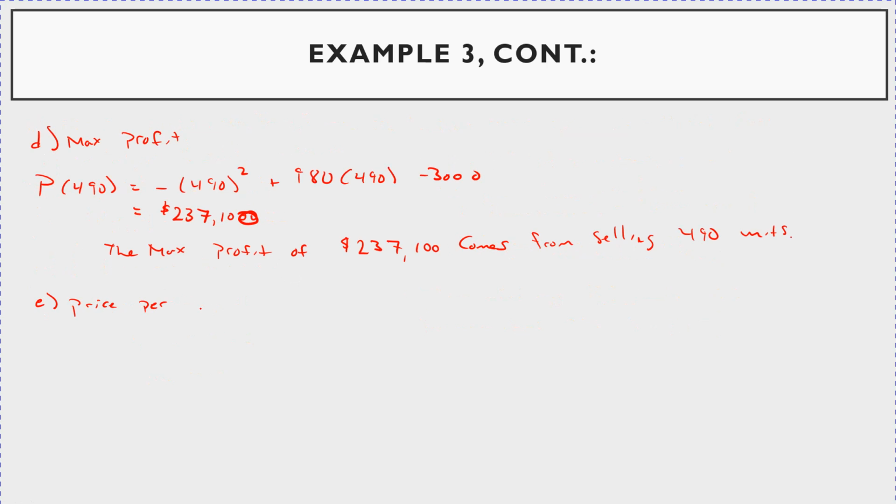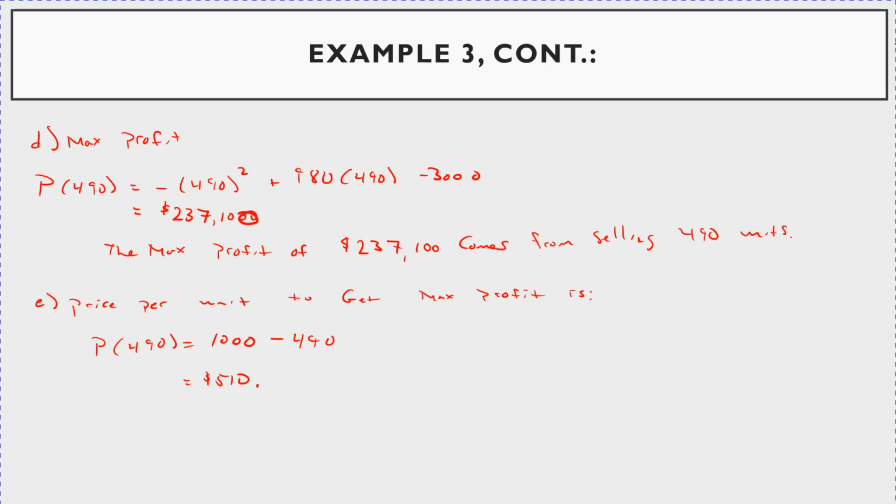Taking the 490 units and plugging it in, you're going to charge $510 per stereo. You're going to sell 490 stereos at $510 each, and that's going to maximize your profit.